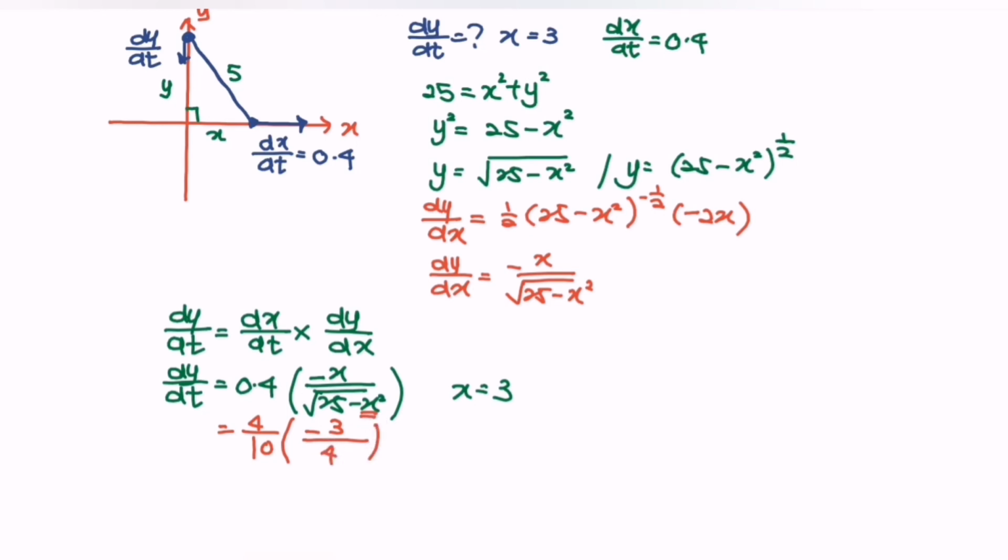So finally, we can simplify the situation and we will have negative 3/10 as dy/dt, or we can say dy/dt is equals to negative 0.3 m s^-1, meaning that the top of the ladder will be falling down at the rate 0.3 m s^-1.